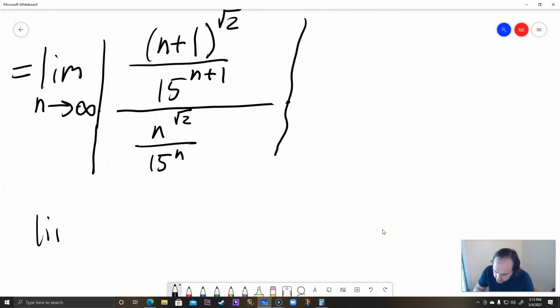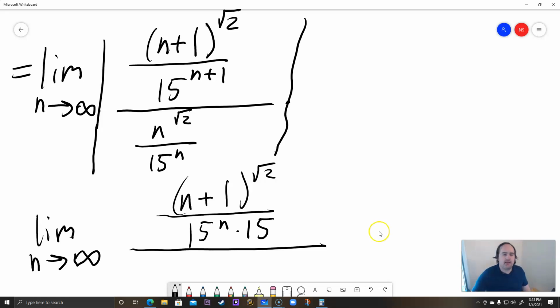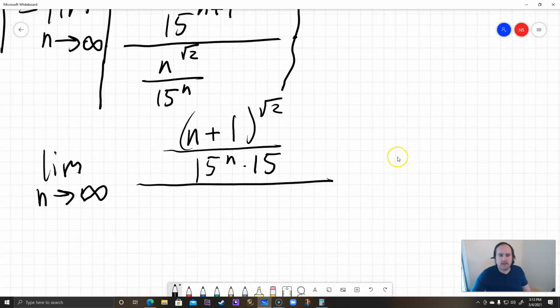We've got the limit as n goes to infinity of n plus 1 to the root 2 over 15 to the n times 15, and then this is all over n to the root 2 over 15 to the n.